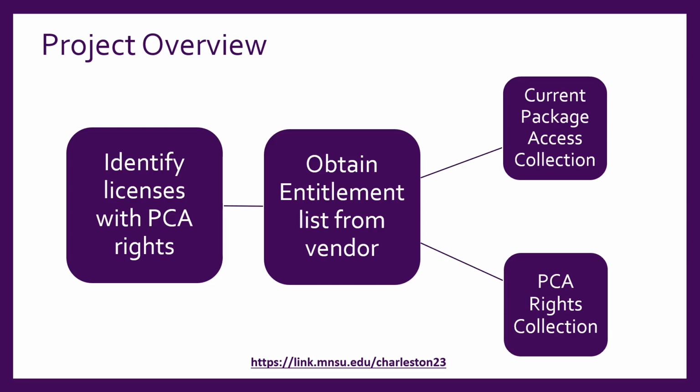And then the next step for us is obtaining an entitlement list from those vendors. Sometimes within the license, they're identified, but those PDFs are really hard to work with and build any type of Alma collection off of that. So we really do value some type of Excel or other similar file from a vendor to build these licenses.